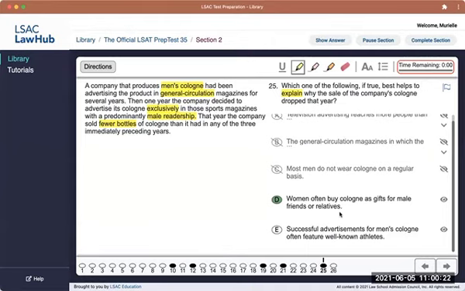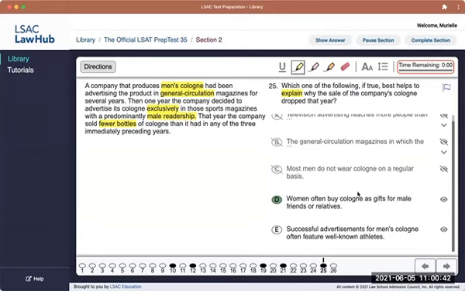I mean, just based on my common sense, real world knowledge, more likely you would have more women buying and reading magazines than men.